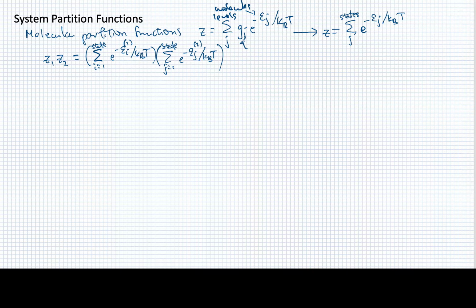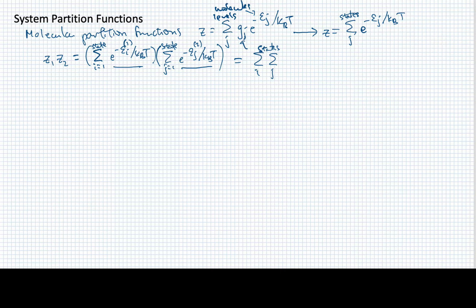All right, now I can combine two summations like this and basically make it a double summation. So I'll draw it like this, where I'm summing over all the possible states in each of these molecules. But what I'm going to end up having is this factor multiplying by this factor. And whenever I multiply two exponentials with each other, what I'm going to end up doing is summing the two exponents in the result.